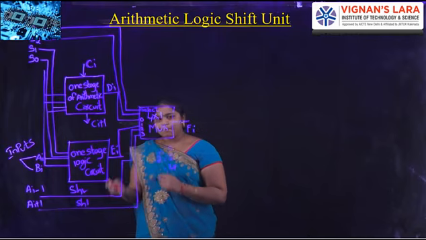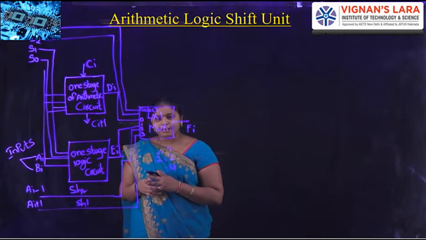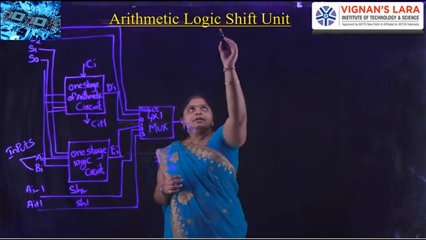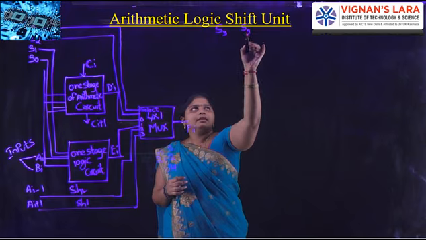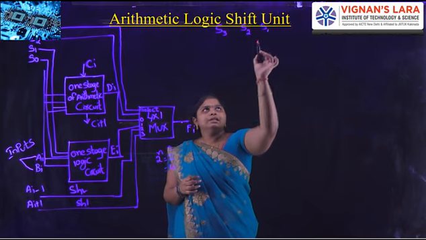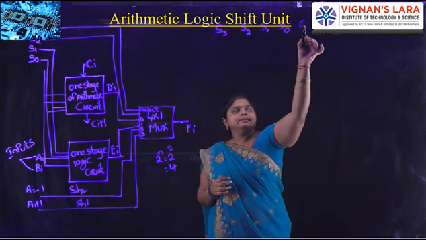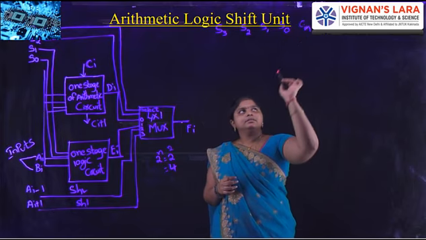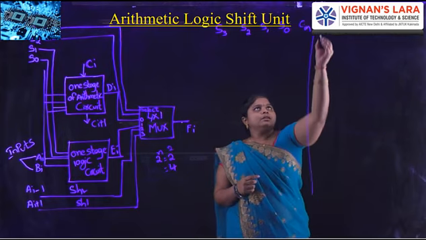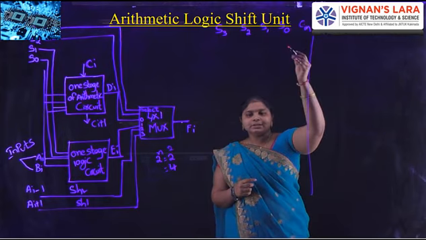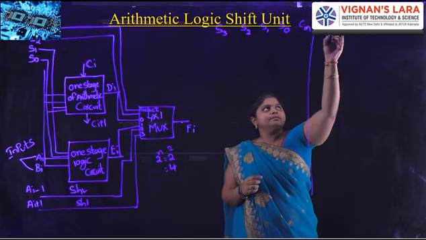By using this example, we implement the function table. Here the inputs are S3, S2, S1 and S0, and the carry is Cin. By using these 4 select lines and carry, what operations are required?